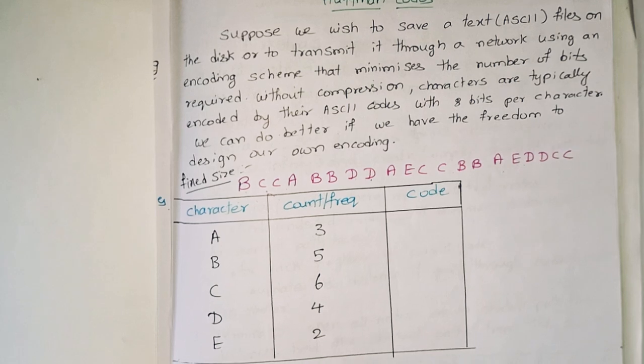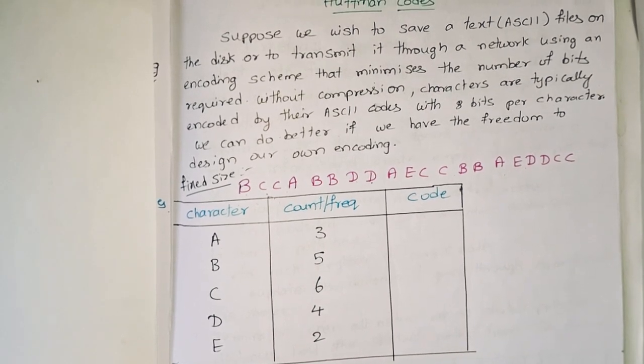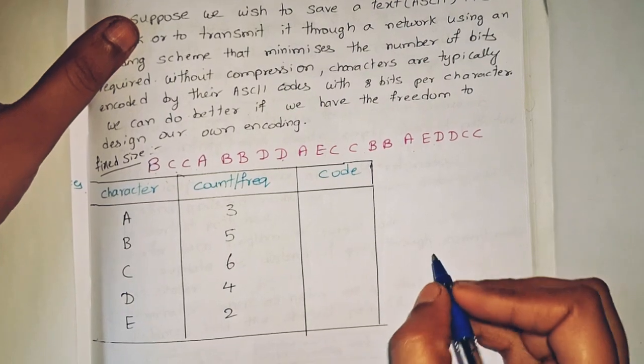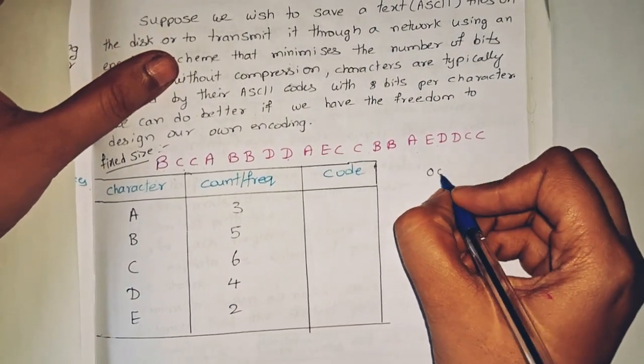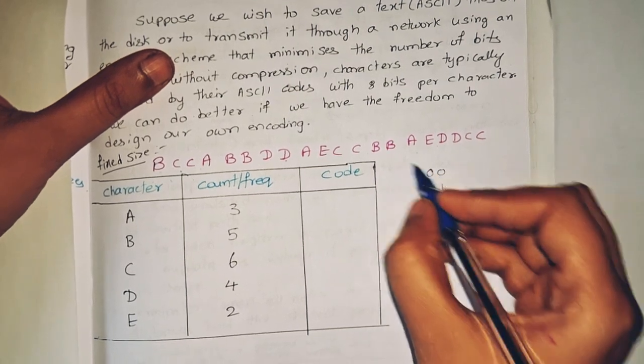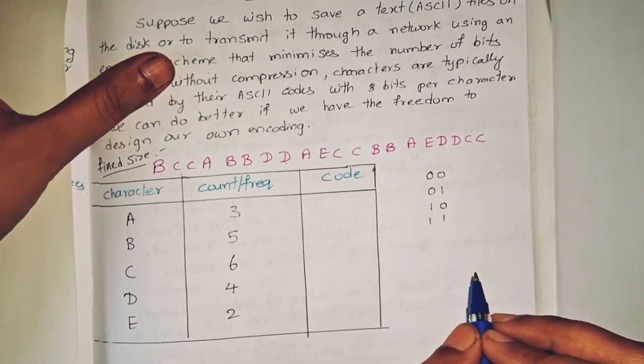Okay. In general, how do we represent 2 bits of data? 0 0, 0 1, 1 0 and 1 1. Similarly, how do we represent 3 bits of data?